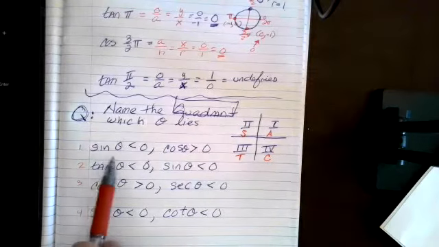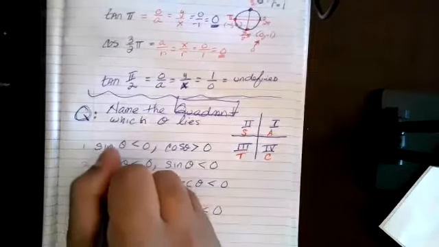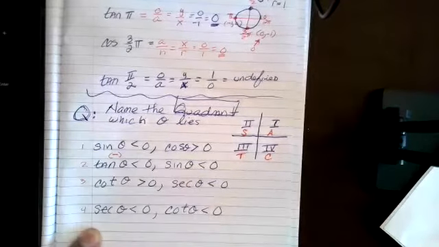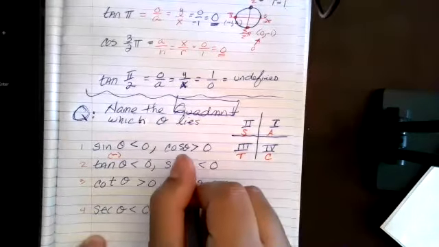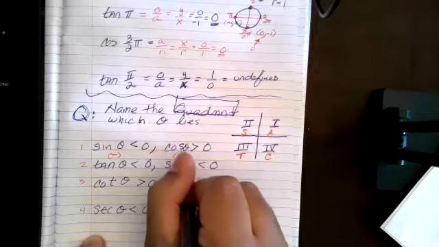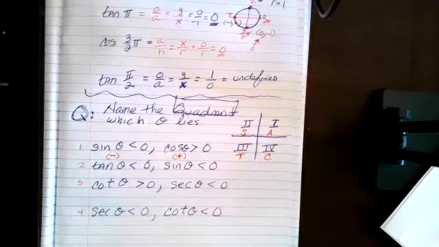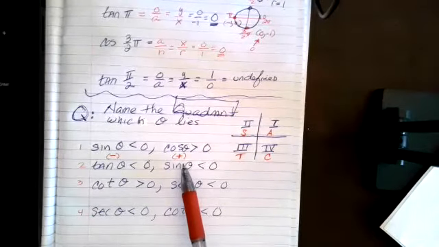So it's telling us sine of theta is less than 0. So they're telling us sine is negative. And cosine of theta is greater than 0. So cosine theta is positive. So in what quadrant would sine be negative and cosine be positive?